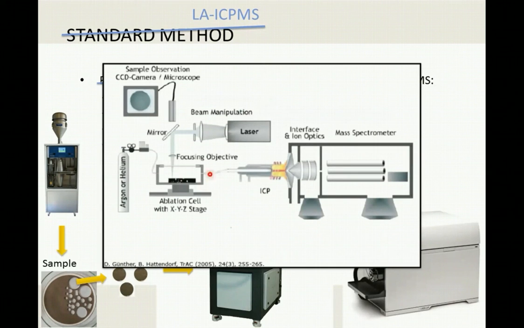We put a sample in the ablation cell, and the laser head produces a laser beam, which ablates the sample, producing some aerosolized particles, which are then transported with argon or helium gas to the ICP-MS.